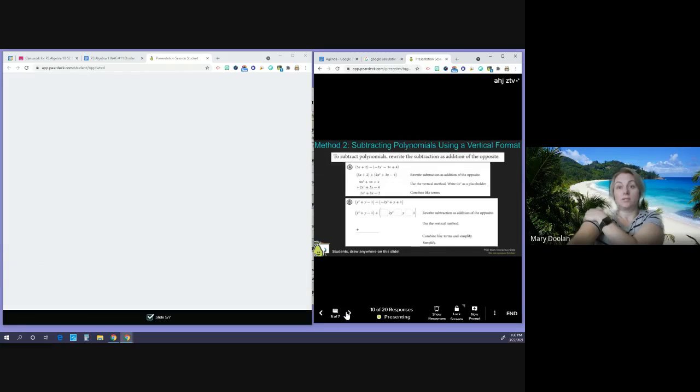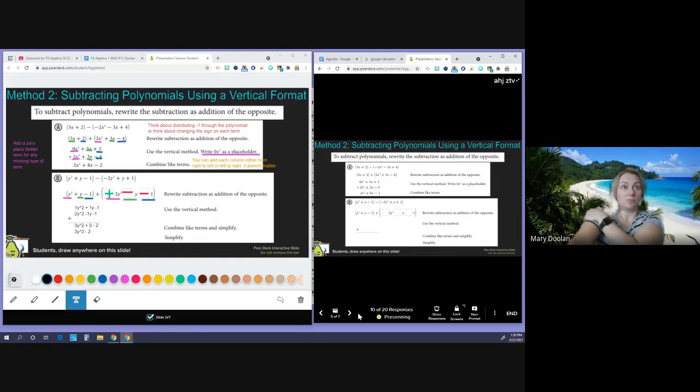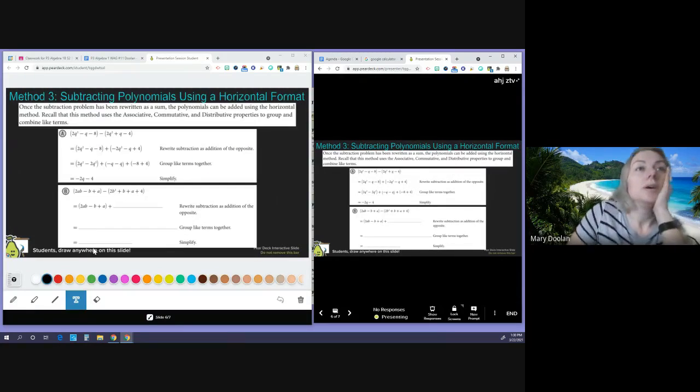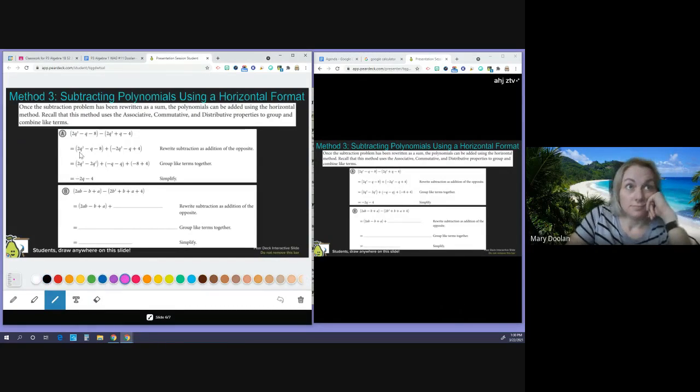Let me see, what colors did I use? I want to be a little consistent here. So pink, green, and blue. All right. So we have a 2q squared and a negative 2q squared. We have a minus q and a minus q. I'm just underlining them because they're like constants, negative 8 and positive 4. So that's why we're able to put negative 8 plus 4 together.